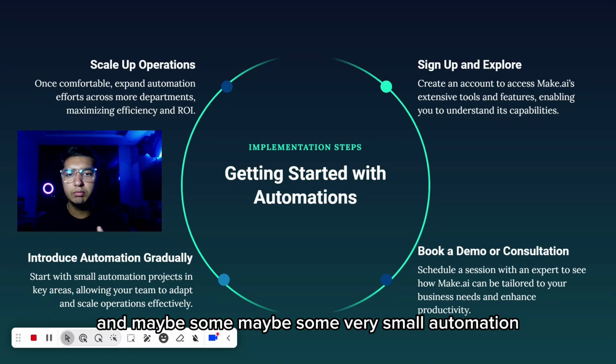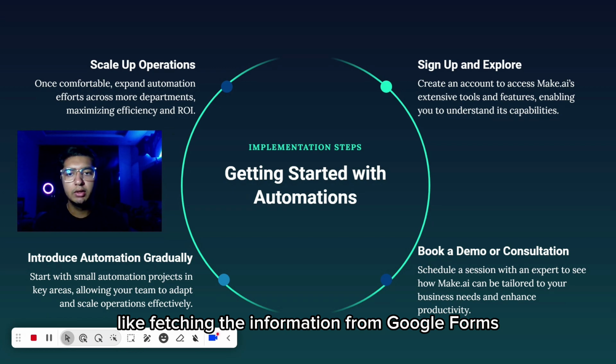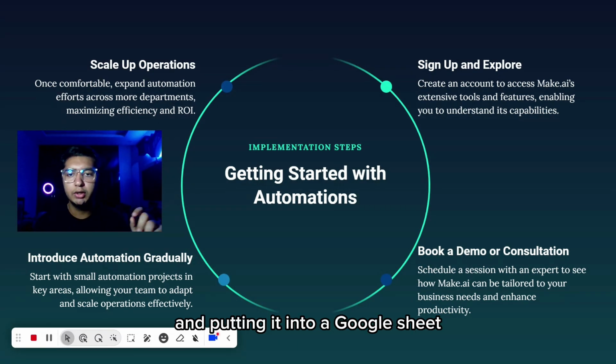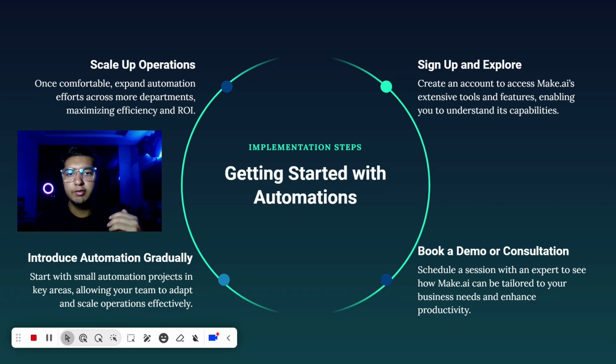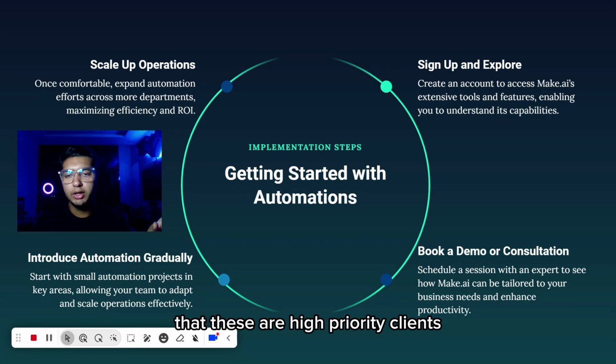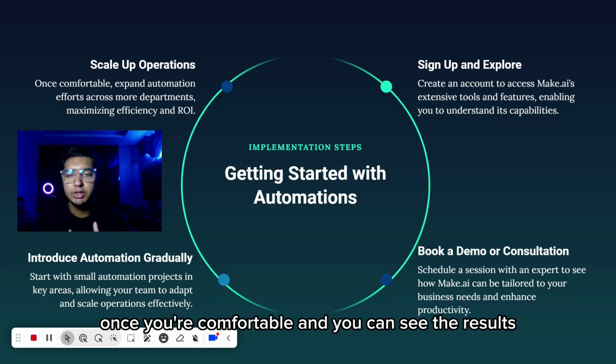Maybe start with some very small automation, like fetching the information from Google Forms or ads that you're running and putting it into a Google Sheet, for example. Then you can gradually increase it, like filter those leads and message your team on Slack that these are high priority clients and they should focus on them. So you should gradually step up like this once you're comfortable and you can see the results.